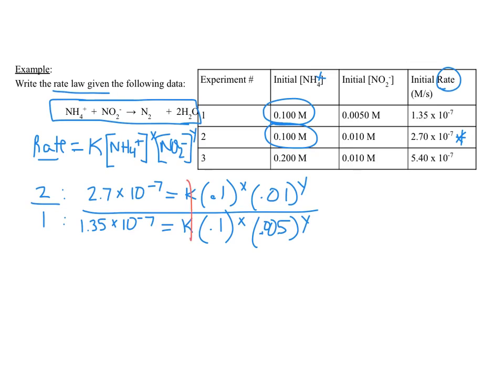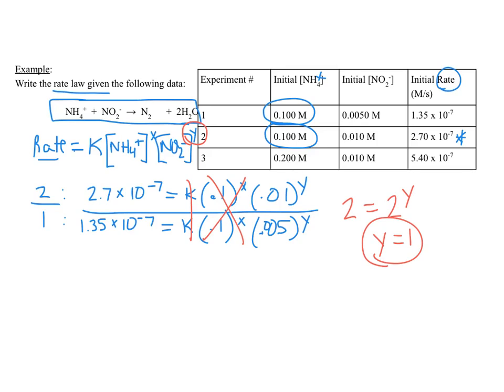K cancels out, and my NH4 plus stuff cancels out, and I'm going to divide this, so 2.7 times 10 to the negative 7 divided by 1.35 times 10 to the negative 7, that's 2, and then equals 0.01 divided by 0.005 is 2 to the Y power. So then Y is equal to 1. So that means my exponent here is going to be 1.